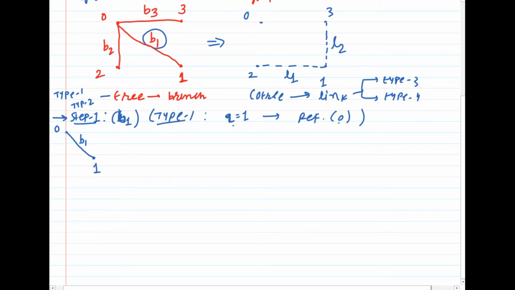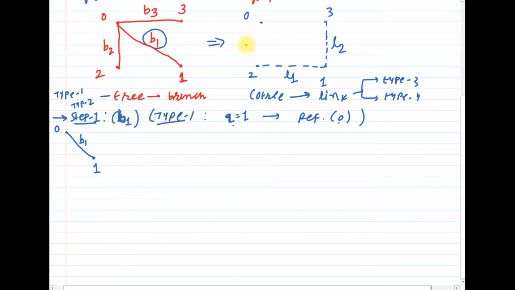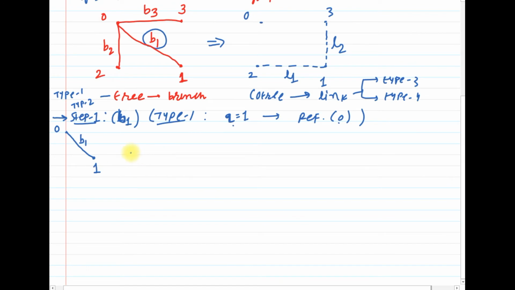For that we have equation 1. Use this equation number 1, where Z bus new is equal to Z bus old, all the off-diagonal elements are 0 and only the diagonal element is present over here.